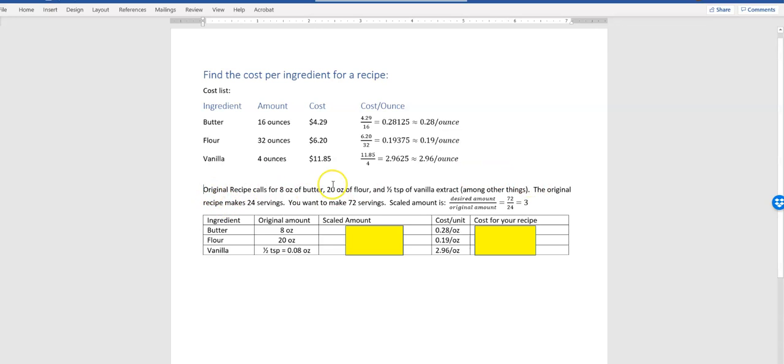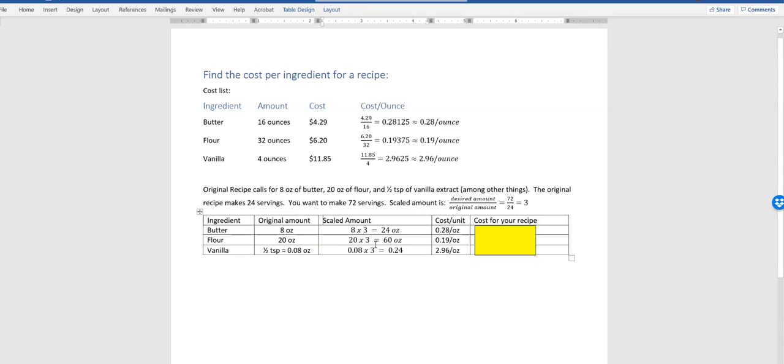So for this original recipe, which is fictional, there was 8 ounces of butter, 20 ounces of flour, a half a teaspoon of vanilla extract, amongst other things, and that was going to give us 24. So we want to figure out the scaled amount. Once we know our scale is times 3, we just multiply 8 times 3, 20 times 3, and 0.08 times 3.